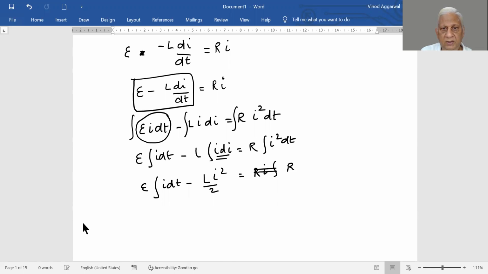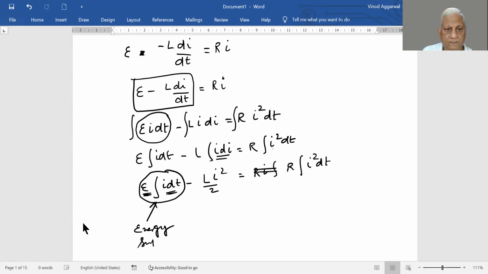So let it be like this. What is this? EMF multiplied by total charge. So this is the energy supplied by the battery.